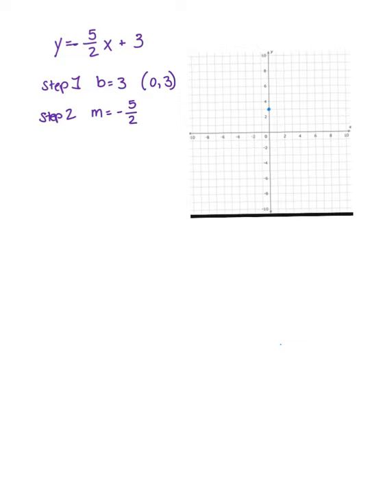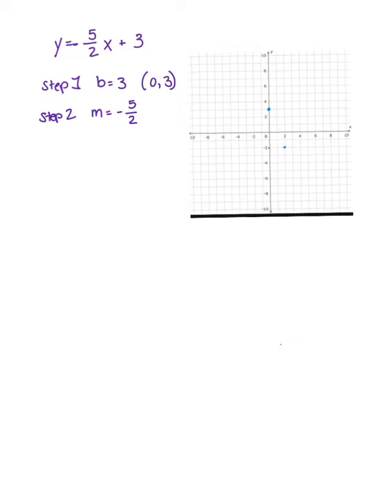So starting here, going 1, 2, 3, 4, 5. That puts me at negative 2. But then I need to go right 2. 1, 2. Okay. I also could have done the opposite. I could go up 5 and left 2. Let's do that also. So starting at my y-intercept, which is 0, 3, I'm going to go up 5.